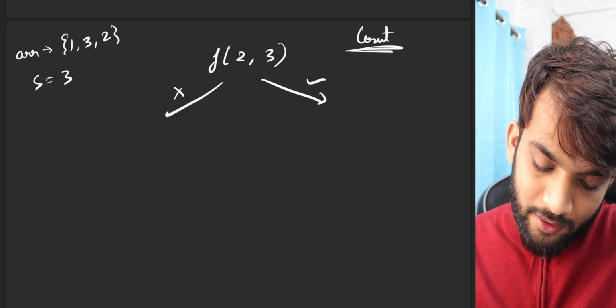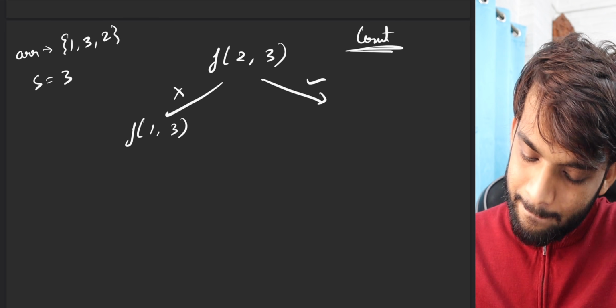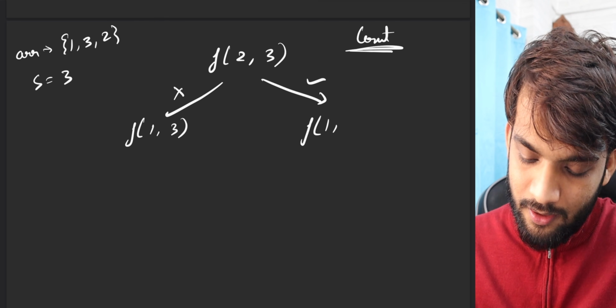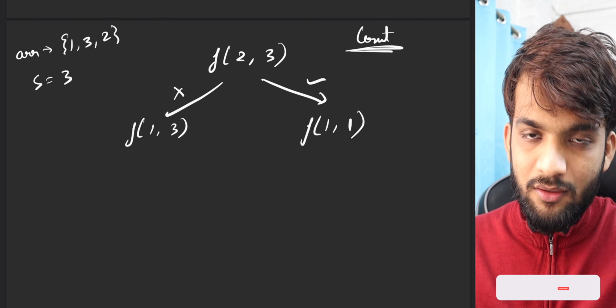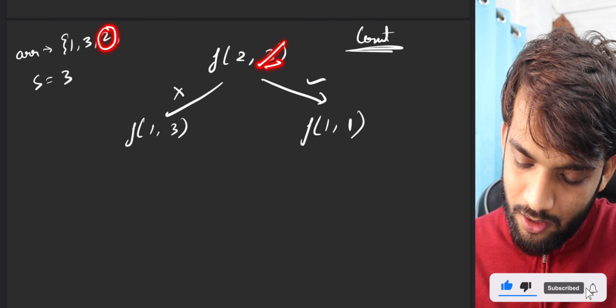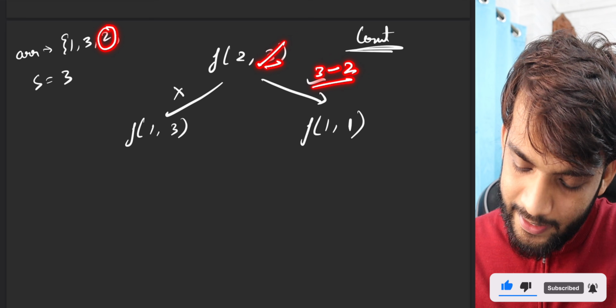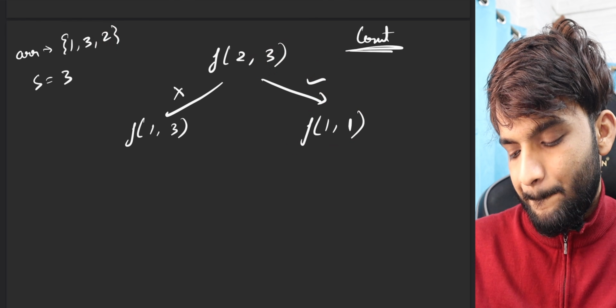So if I don't pick, I'll move to the previous index with the same sum. And if I decide to pick, I'll pick this guy too, and I'll be left off with the sum 1, because if I take this 2 into account, the sum will shrink by the value 2 and it'll give me this 1.